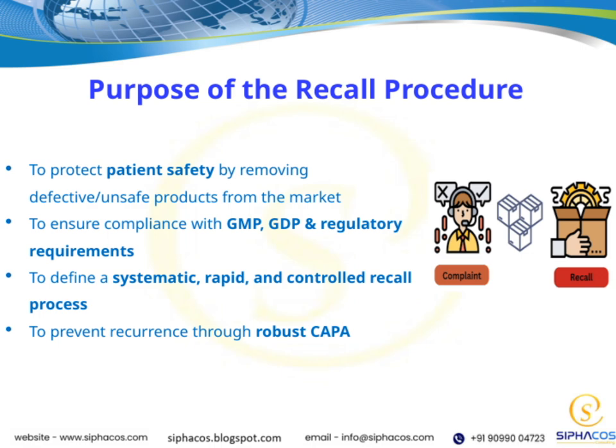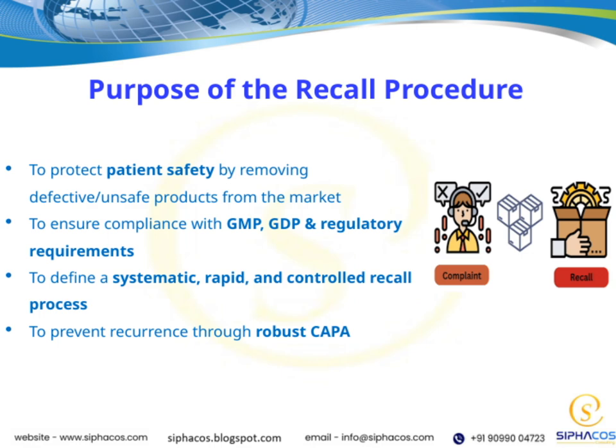We also need to define a systematic, rapid, and controlled recall process. Having a clear and organized plan allows us to act swiftly and efficiently when a product issue arises, minimizing risks. Finally, the recall process isn't just about fixing issues once they occur. It's about preventing them from happening again.